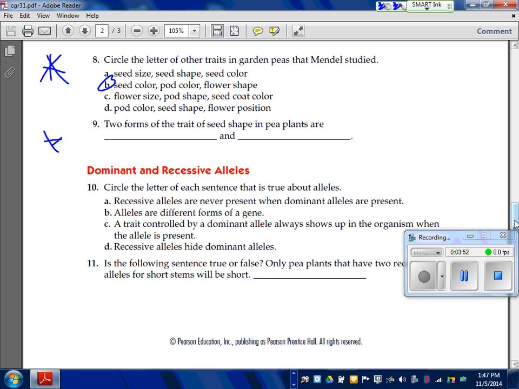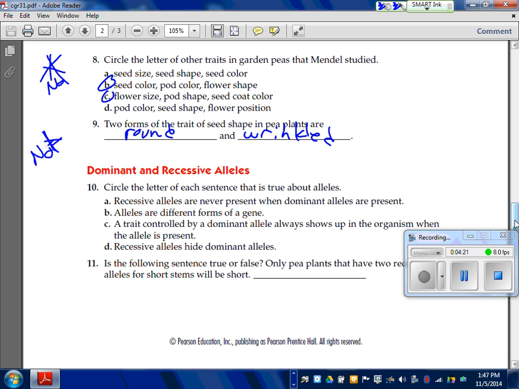The correct answers are B and C. The two forms of seed shape are round and wrinkled. But I'm not going to ask you what the traits are. If I give you a Punnett square, I will say, in pea plants, the two traits are round and wrinkled. And I'll tell you which one's dominant. And then I'll ask you to do a Punnett square, right? So don't worry about these. You do not need to know these ones.